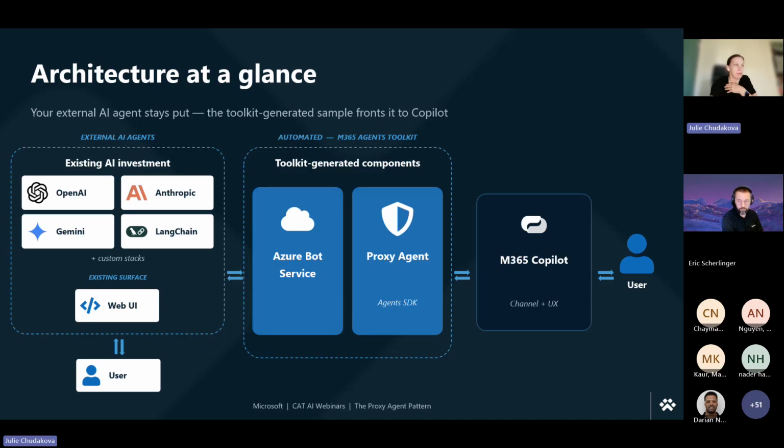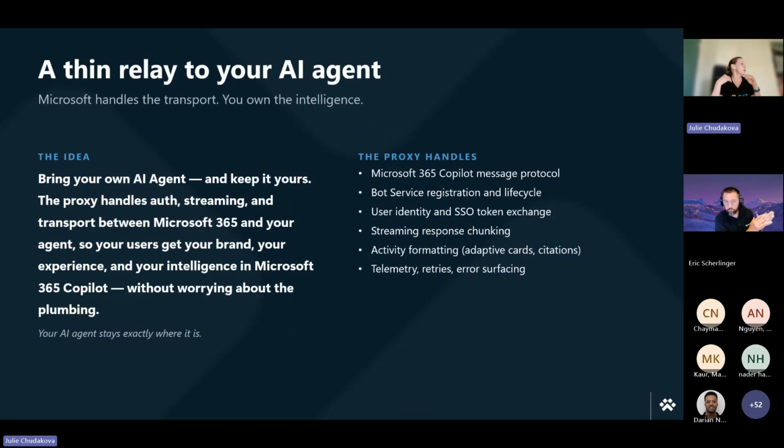But the idea is that it's just a thin relay, a transparent layer that handles all the auth and streaming and transfers between Copilot and your agent. Your agent is intact, and the proxy agent only forwards the messages and receives the answers from your agent.